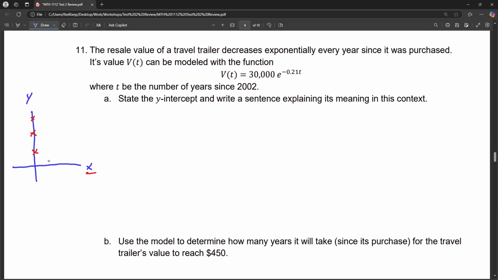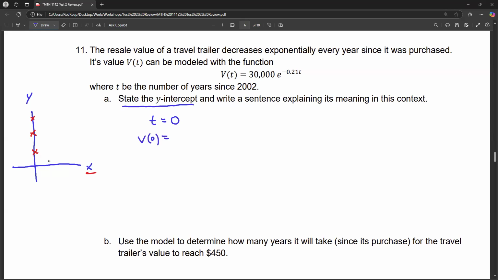And so instead of x, we have t in this problem. So if we're on the y-intercept, this would be where t is equal to 0, and so we can just plug it into our function, right?